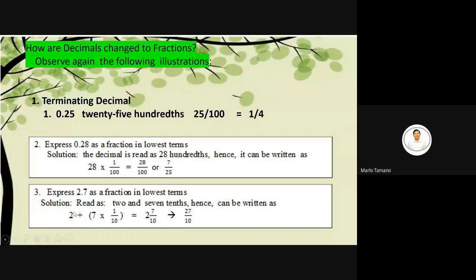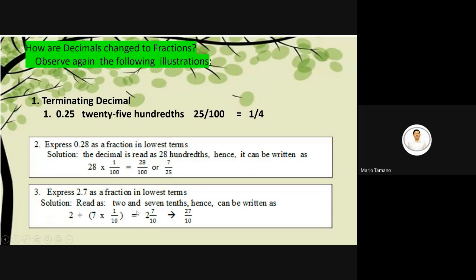Okay? So, ganito ang solution niya. Read as 2 and 7 tenths, hence can be written as 2 plus yung 7 na part ng decimal po ay imumultiply ninyo ng 1 over 10. Pwede nyo rin pong shortcutin, 7 over 10 kaagad. So, that is 2 and 7 over 10.